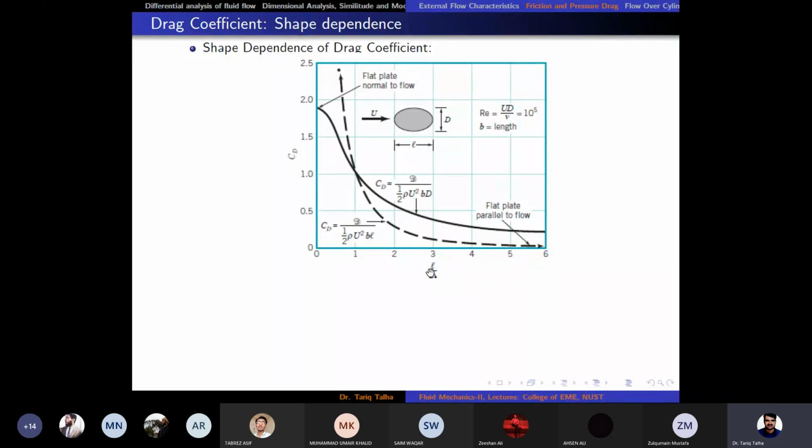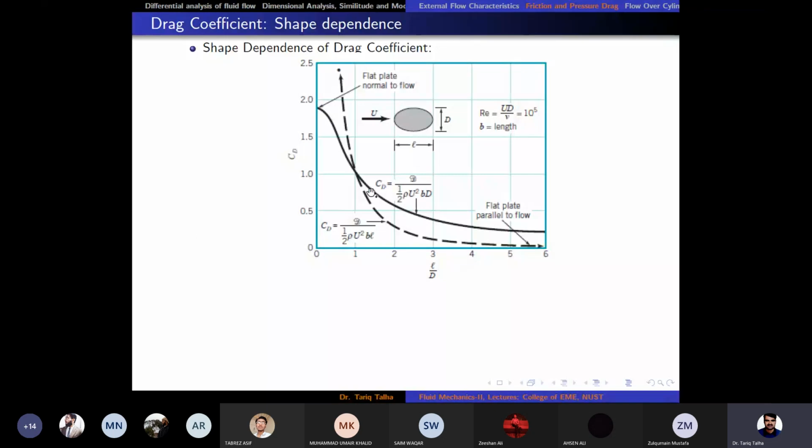So when the L upon D ratio is very small, we are talking about a blunt body. In a blunt body, you can see that the drag coefficient is very high, right? You can see in the figure that if we have a very thin plate placed perpendicular to the flow, the CD value is approximately 2, right?